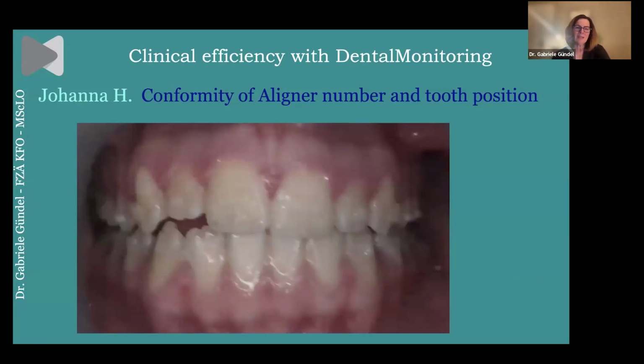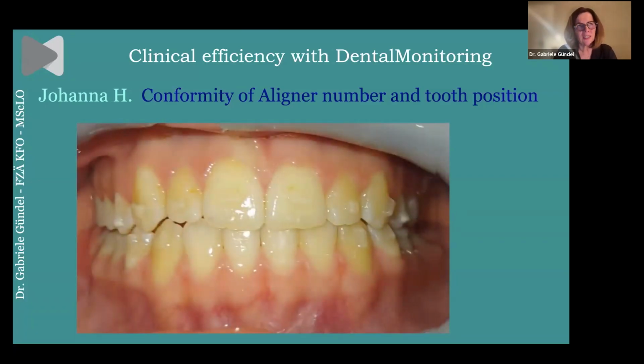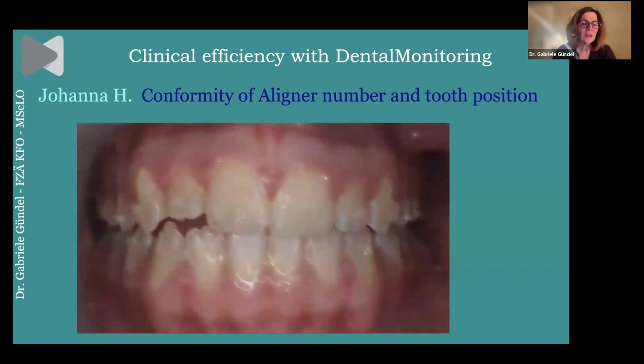Also, the progress of the aligner treatment you can follow with dental monitoring. So look at this patient, please. It's not only the fitting of the aligners or the fully bonded attachments, it's also the topic: have I planned my aligner therapy nicely, correctly?